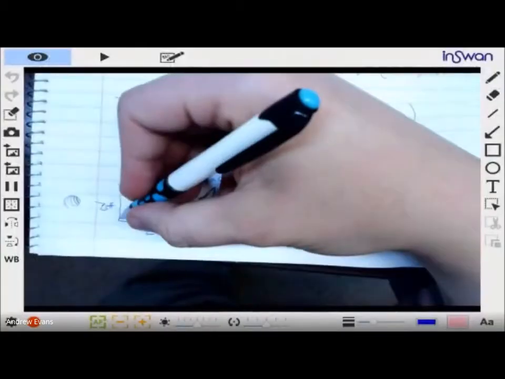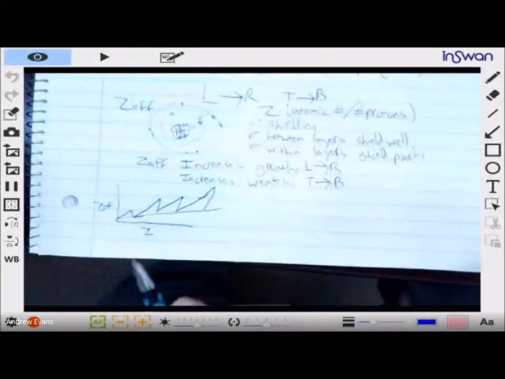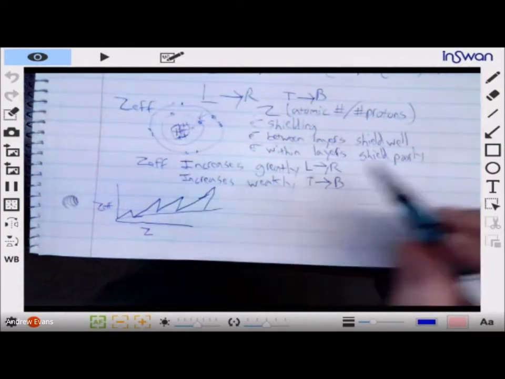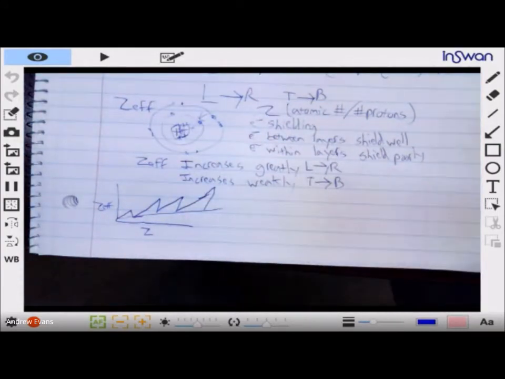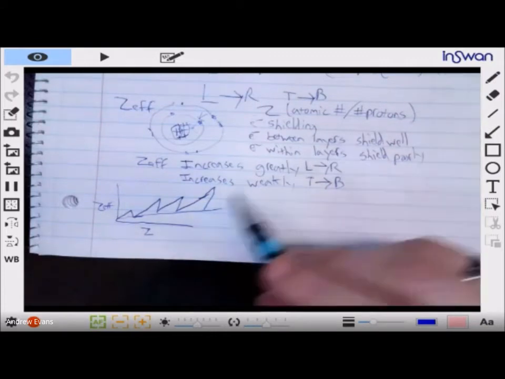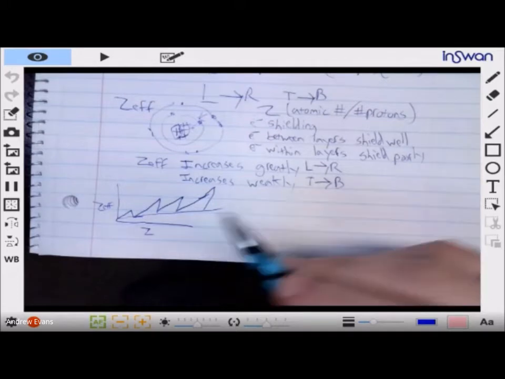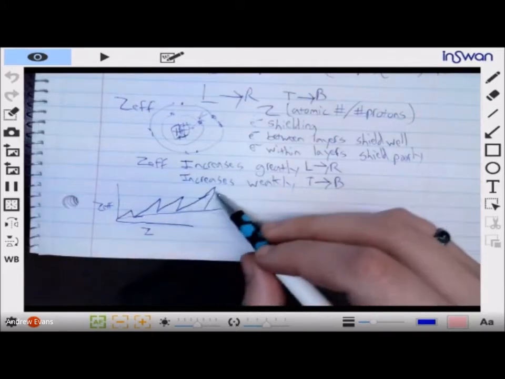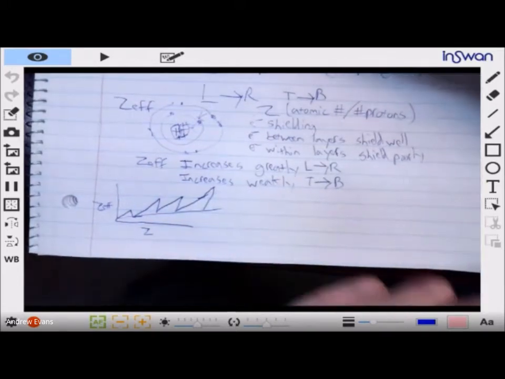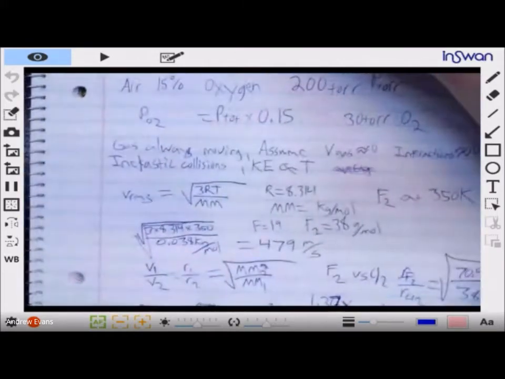Because we're seeing a net increase between each row, but it's a large increase within a row. But that is our first trend, our Z effective.